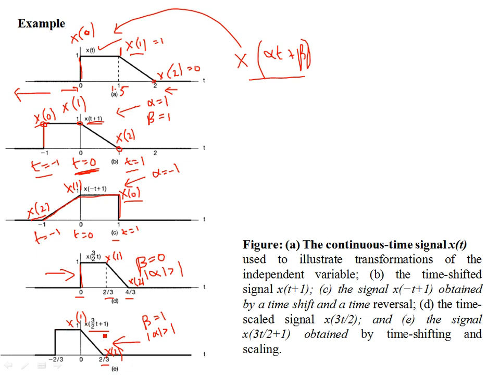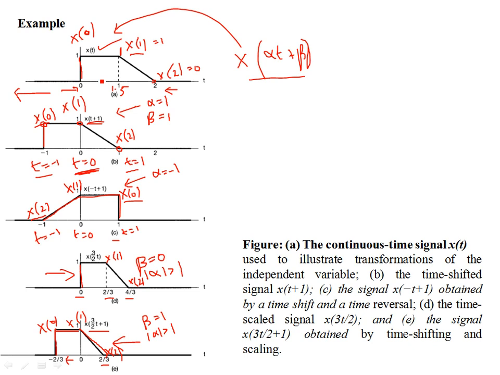We know that in the original signal that is the case. Similarly, minus 2 by 3 is going to produce x of 0, and x of 0 has the jump discontinuity, which occurs at minus 2 by 3 under this transformation. So under this transformation, 3 by 2 t plus 1, this is how the signal looks if you compare this with the original signal.